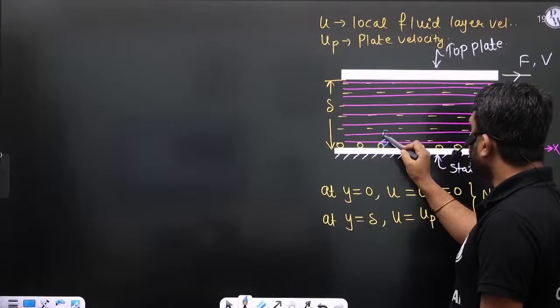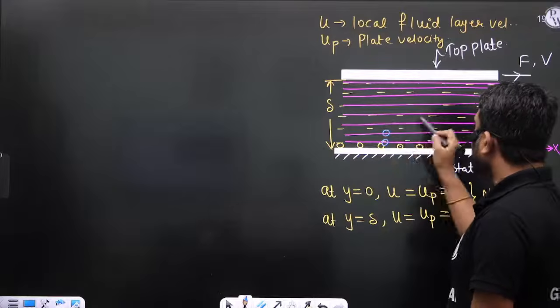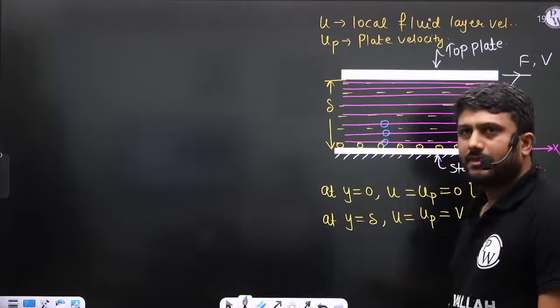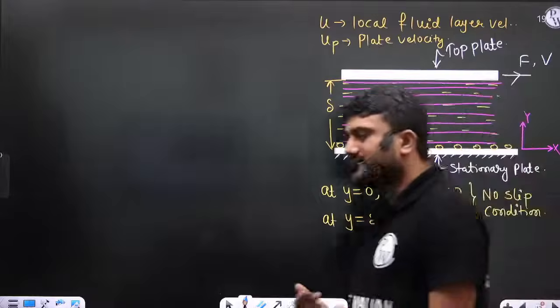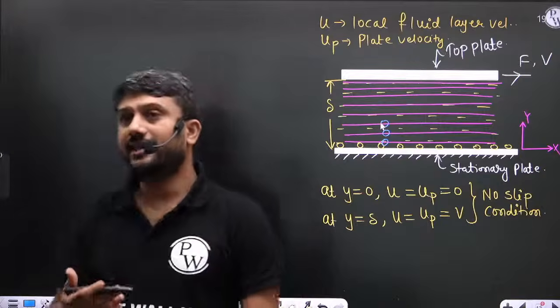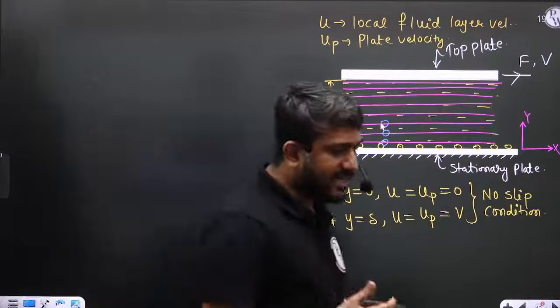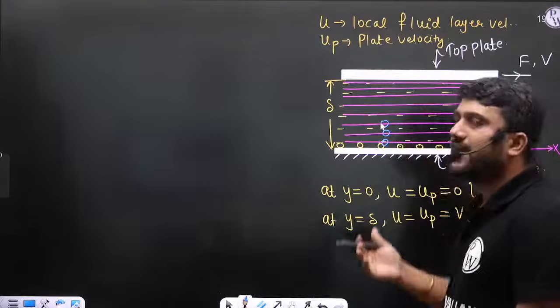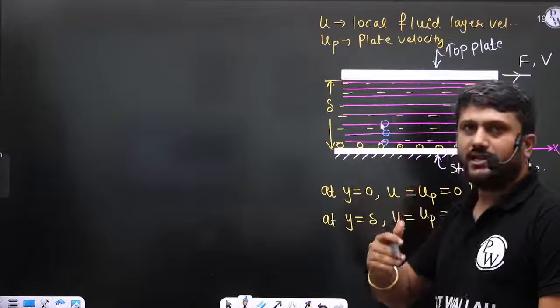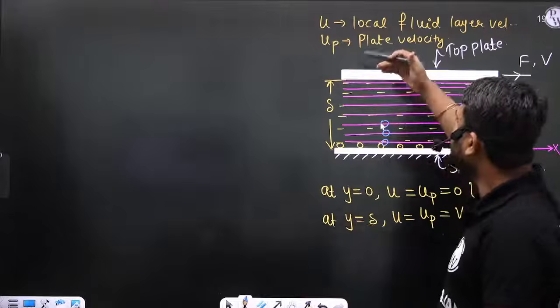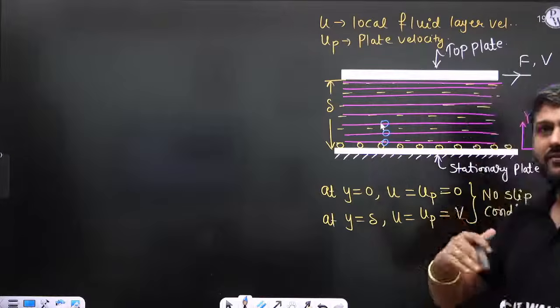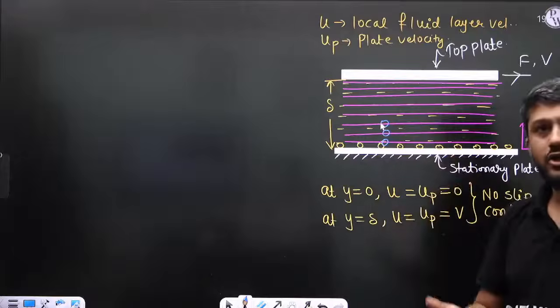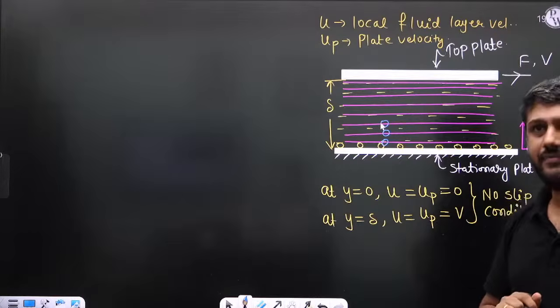If I am talking about the velocity of this layer, the velocity is not the same. Each layer doesn't have the same velocity, right? The layer present at y is equal to 0 has 0 velocity, whereas the layer present at y is equal to delta has velocity equal to v. So each layer has a different velocity, right?